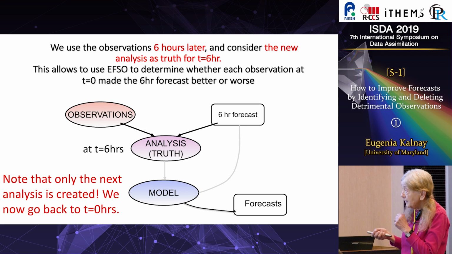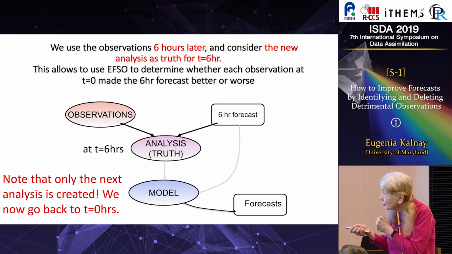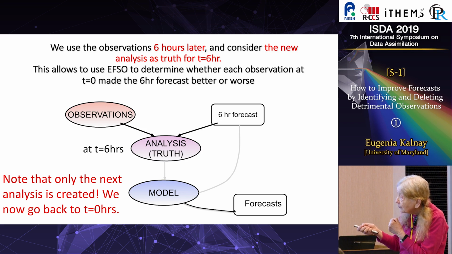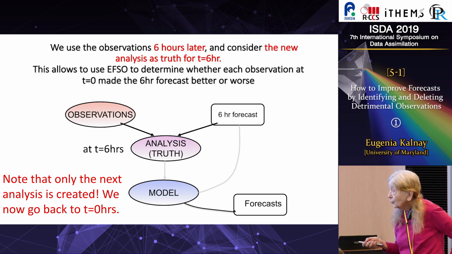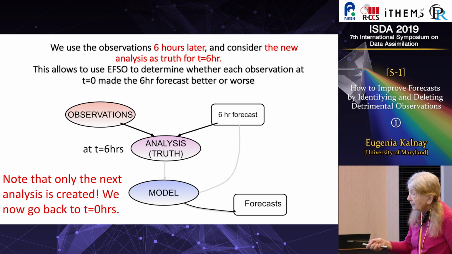In the rest of the experiments, we assume that the truth is given by the analysis that comes from the observations at 6 hours. So we don't do the full cycle, just create an analysis, which is all we need.